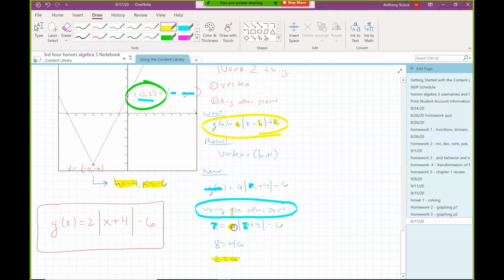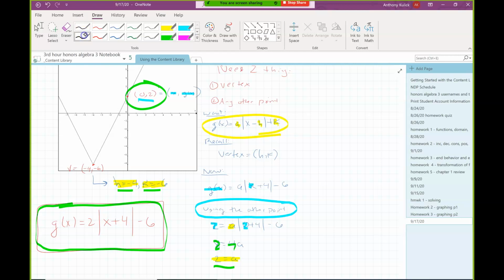And now I have the a that I can solve for by itself in an equation. So I added the 6 to both sides to get the 8, and I simplified the absolute value to get the 4. If I divide both sides by 4, then I have a is equal to 2. So now I have my a, h, and k, and plugging them in gives me my final result.